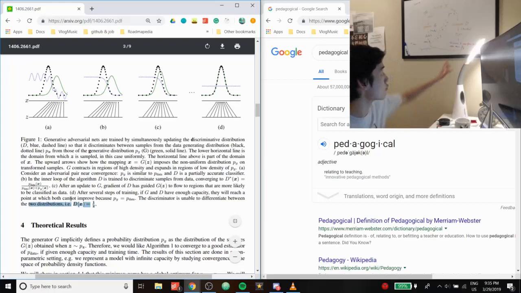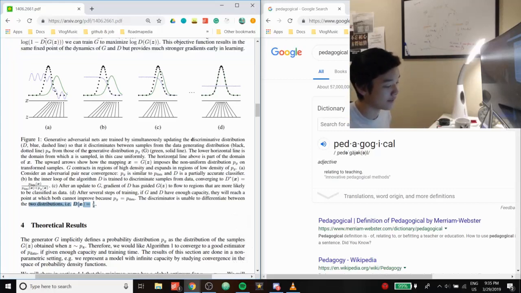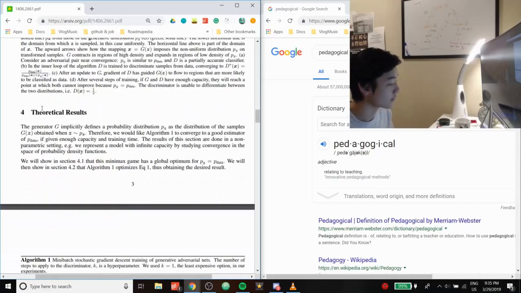The input fed into D, which can either be generated input or the original input, is always 50% likely to be either one, because it can't discriminate between them. Alright, that makes a lot of sense. That was a really good part.